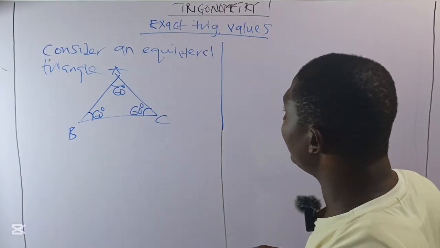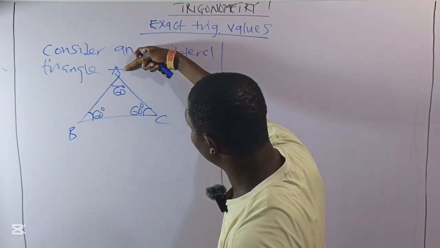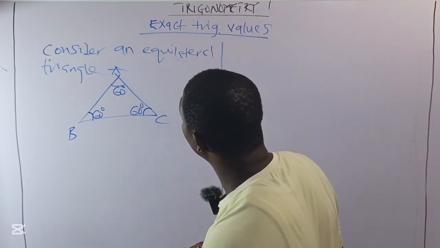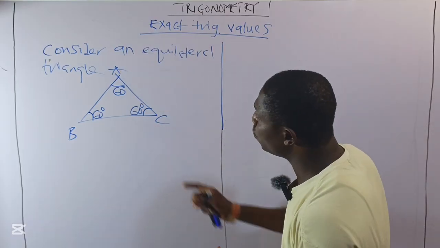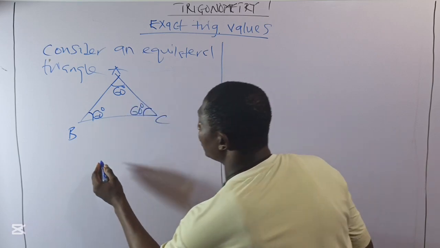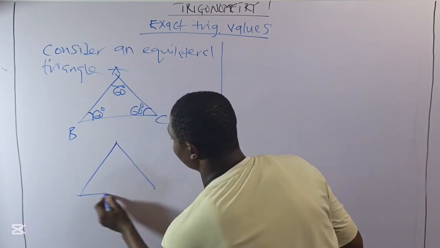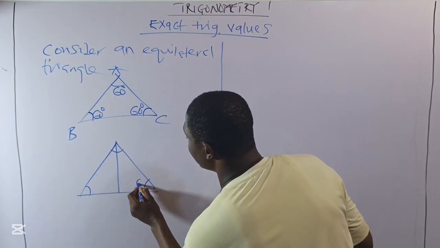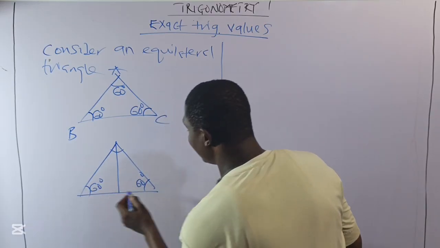If I draw a median from the vertex A, this will divide this triangle into two equal right-angled triangles, giving me still 60 degrees.